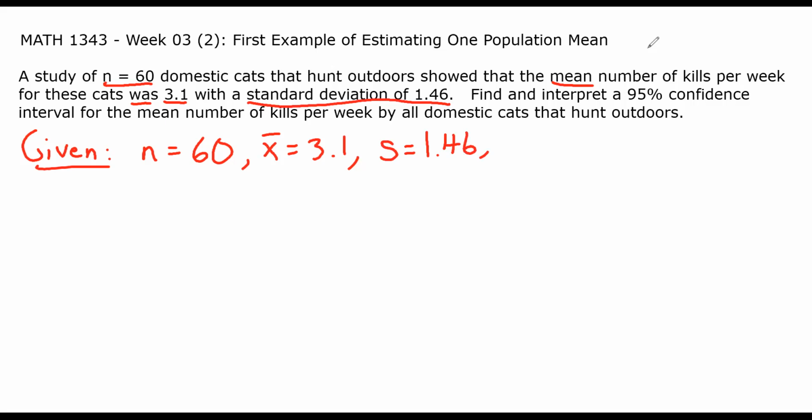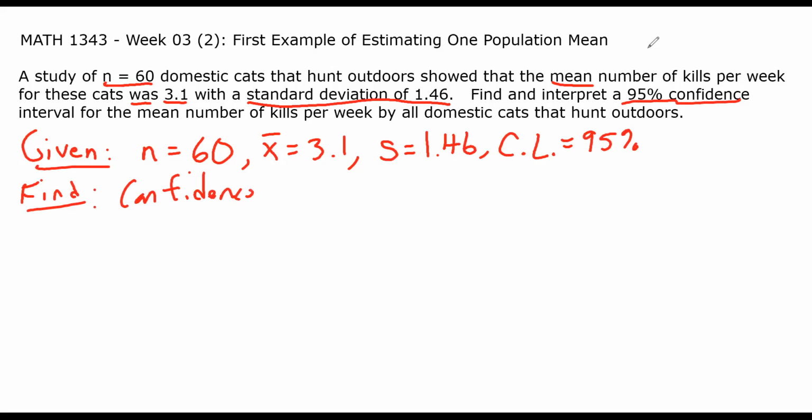We are given one more number, 95% confidence level. We'll just say CL for confidence level, 95%. And we are asked to find basically a confidence interval for mu. Now, you don't have to literally write all this down.